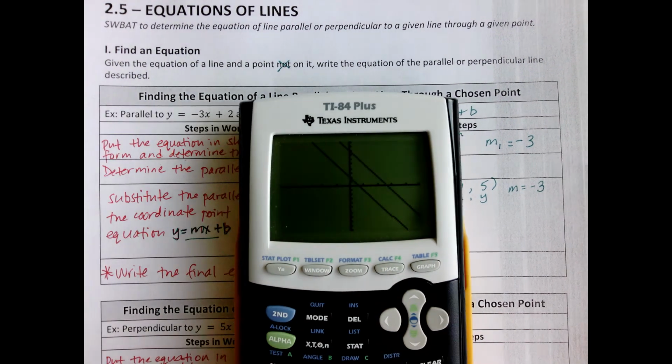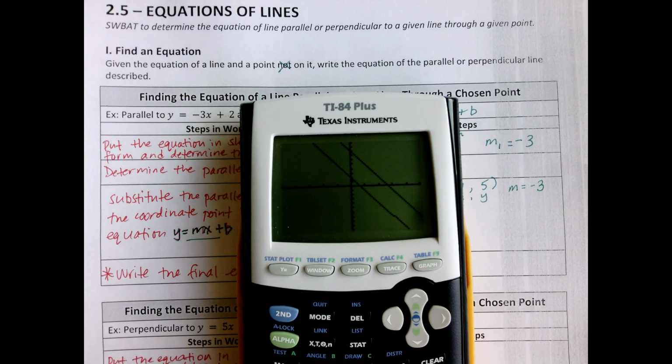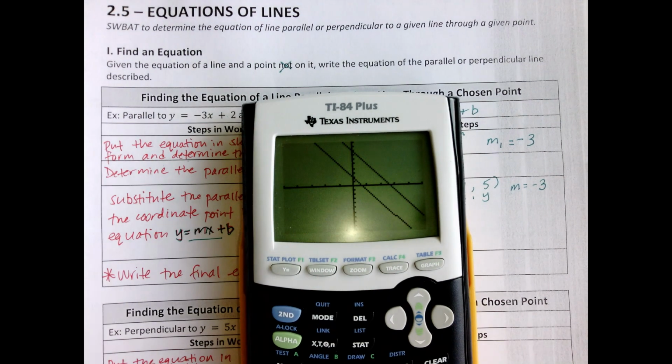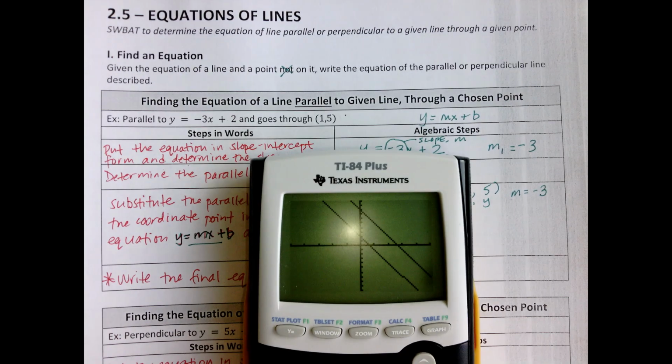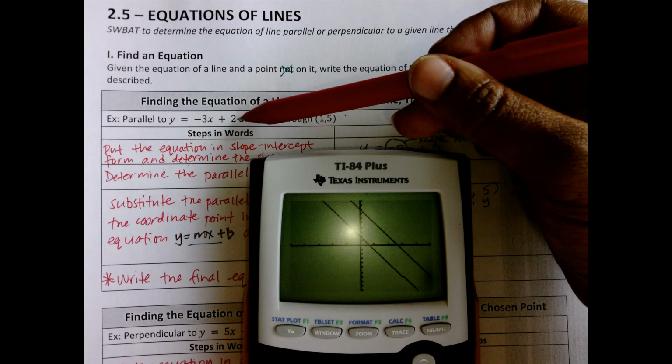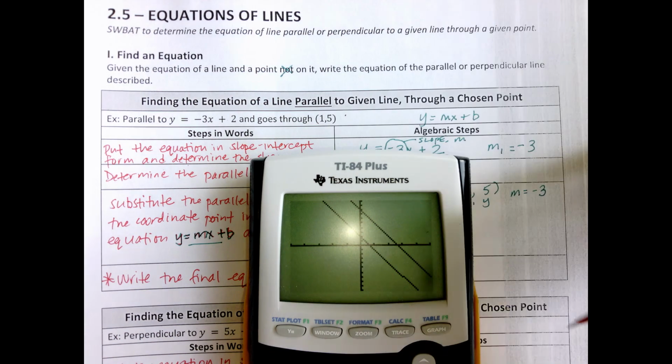I also need to make sure that the point (1, 5) falls on this line, because we needed to find the line parallel to this that goes through (1, 5).